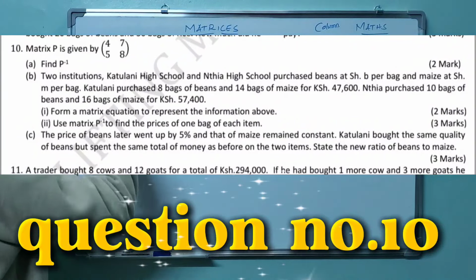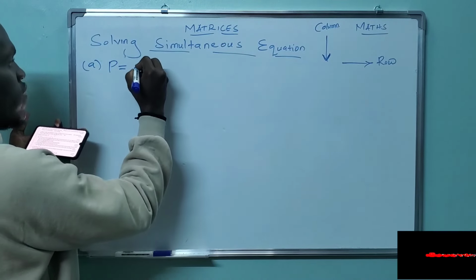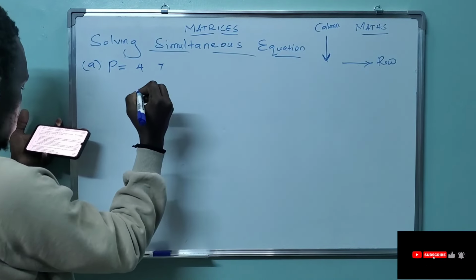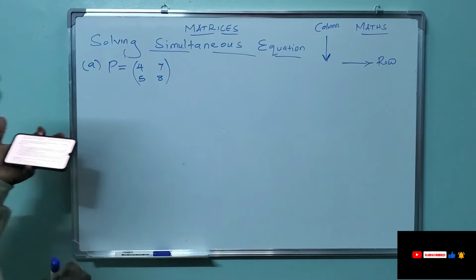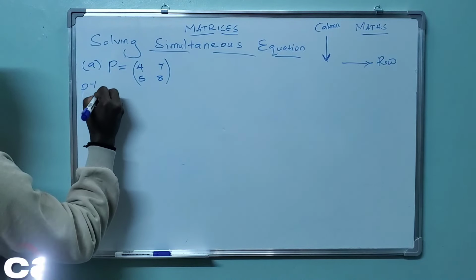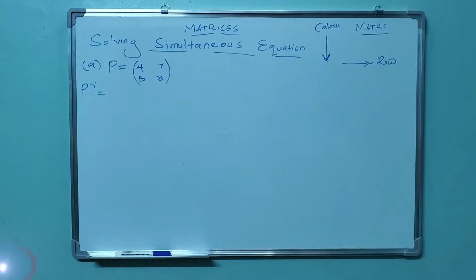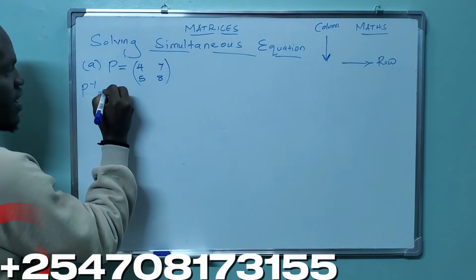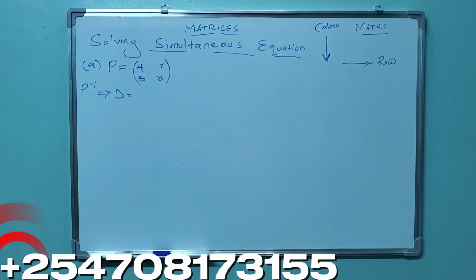So the matrix that you've been given, matrix P, is 4, 7, 5, 8. Then you're being told to get the inverse. That is the sign for the inverse. Now, how do we get the inverse? First of all, remember you have to get the determinant. So the determinant equals the difference between the product of the lead diagonal and the product of the end diagonal.